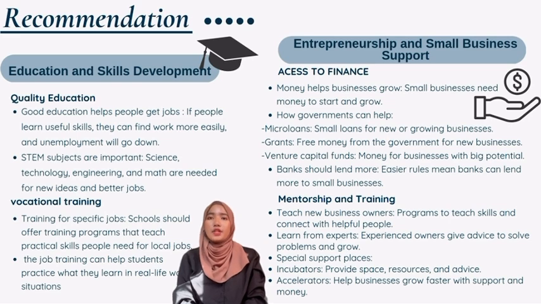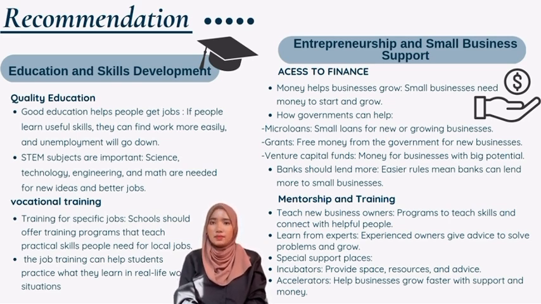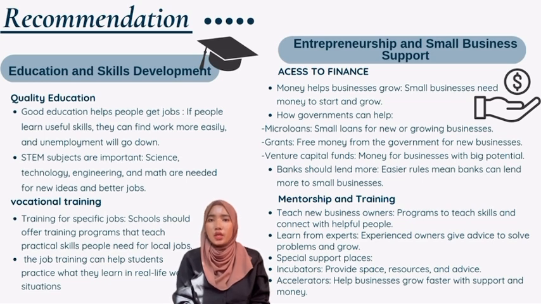Second is entrepreneurship and small business support. Access to finance helps small businesses and startups grow. Here are three ways government and banks can help. First is microloans. Microloans are small loans for starting or growing a business.